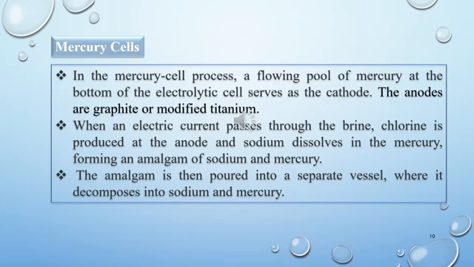The first process is Mercury cell process. In the Mercury cell process, a flowing pool of mercury at the bottom of electrolytic cell serves as cathode. The anodes are graphite or modified titanium.